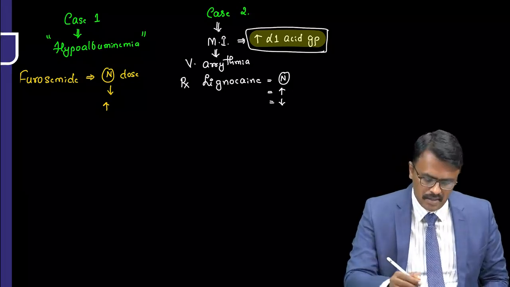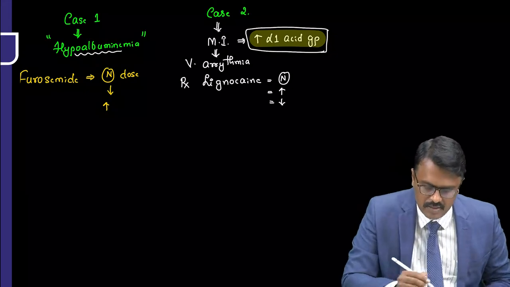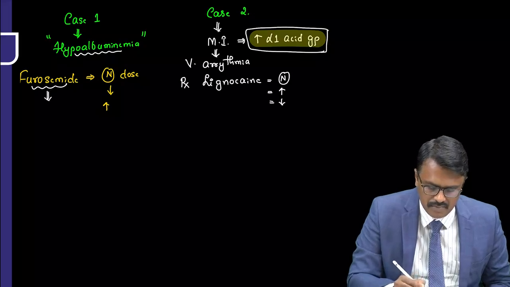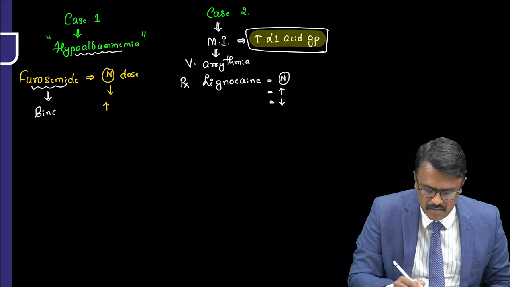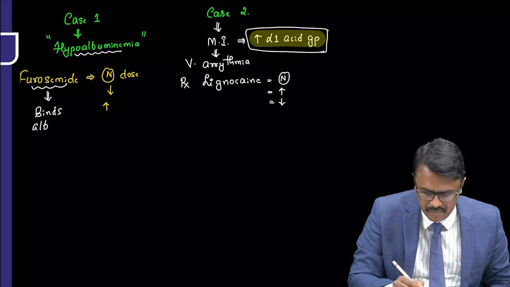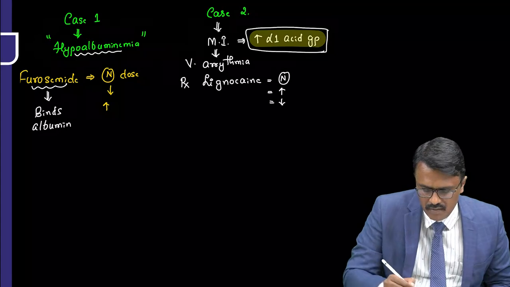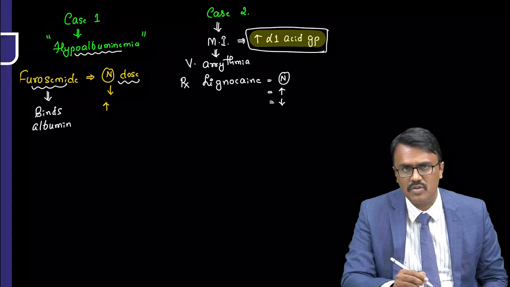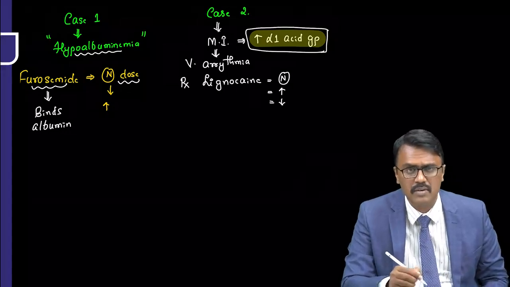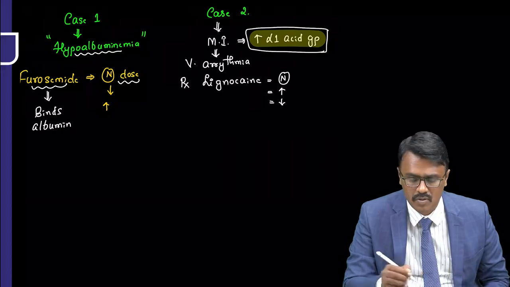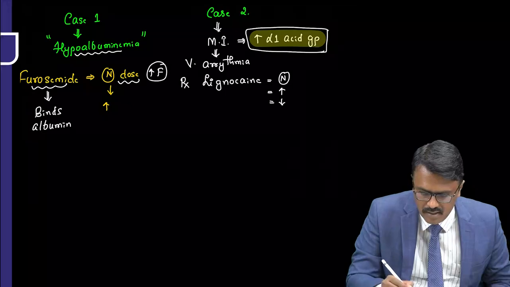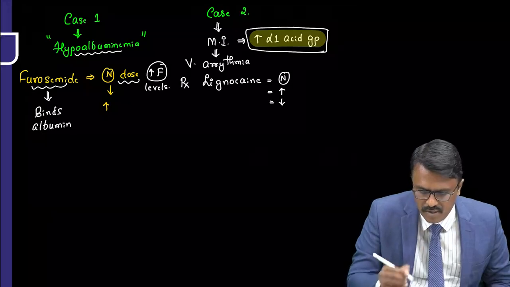Yeah. So first patient albumin is less, and we know that furosemide binds to albumin because it is an acidic drug. Now, if I give normal dose, what happens? The albumin levels are less, so furosemide cannot bind more. So what happens? There is increase in free levels of furosemide.